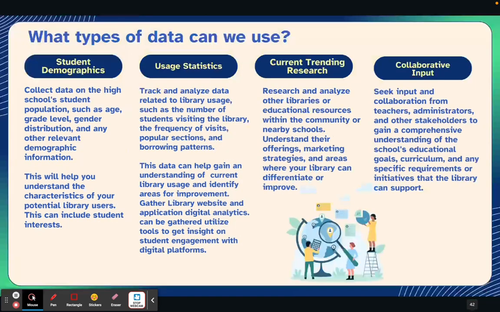And then these are the types of data that I used when I was doing my marketing research. Student demographics, usage statistics for my databases, and other things like my Follett Destiny library software, current trending research, collaborative input.